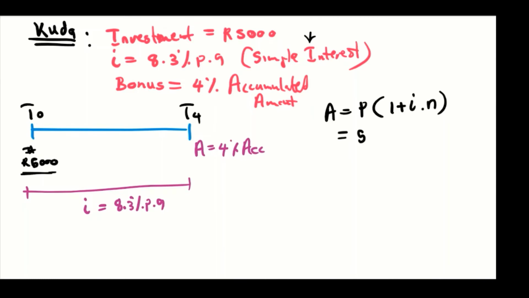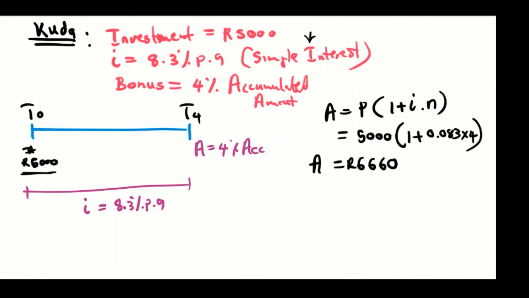So it's 5,000 into 1 plus the interest rate of 8.3, which you divide by 100 to get 0.083, and then multiply by 4 years. The answer that you're supposed to get is 6660. So this is the accumulated amount.